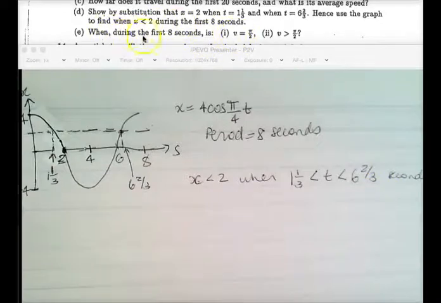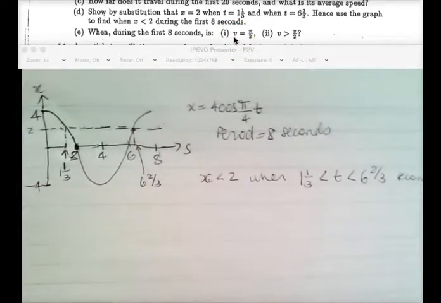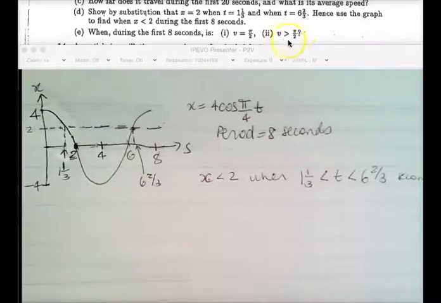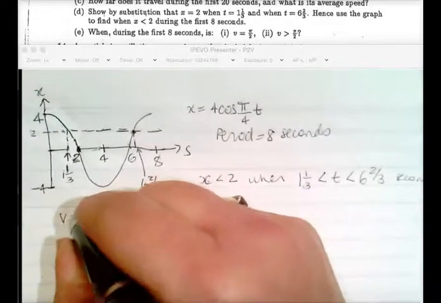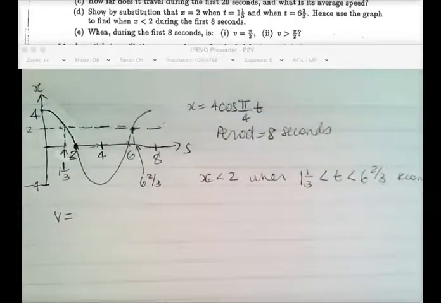Then it says when during the first 8 seconds is velocity equal to pi on 2 and velocity greater than pi on 2. Now, we need to do the same thing with our velocity curve, okay? So, we need to look at that equation again from the page before.